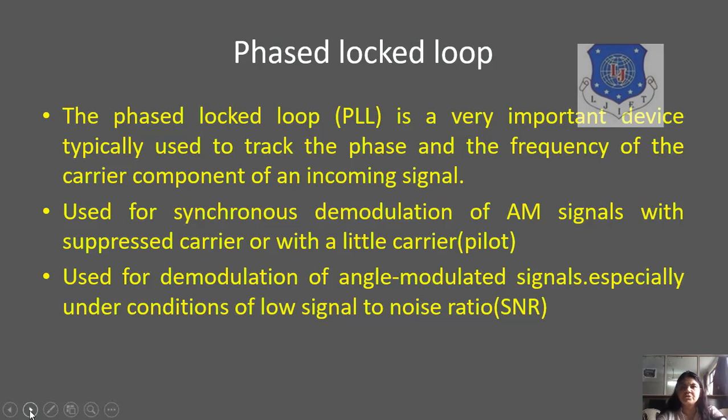Where the noise is less, the signal to noise ratio is higher, and we are always demanding that kind of situation. If the noise is high, then the signal to noise ratio is less, and especially under those conditions where low signal to noise ratios are there, this can be used.